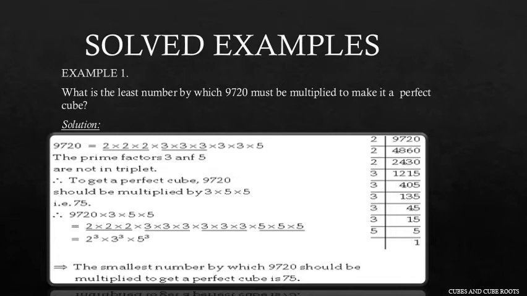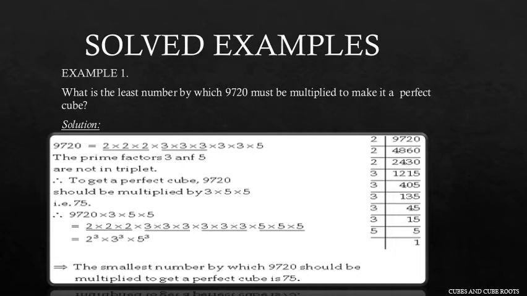You try to put them in groups of 3. The prime factors 3 and 5 are not in triplets. To get a perfect cube, we have to multiply with one more 3 and two 5s. That is 3 into 5 into 5, which is equal to 75.